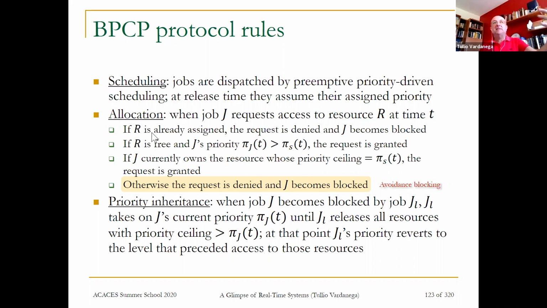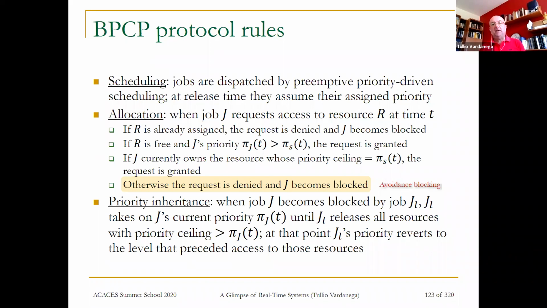Because of course, if it is taken already, it is as before. You're blocked and you inherit. But the tricky part, the interesting one, comes if the resource that you want is free. Well, if the resource you want is free, this protocol says, be careful. Perhaps you don't want to give the resource, even though it is free.